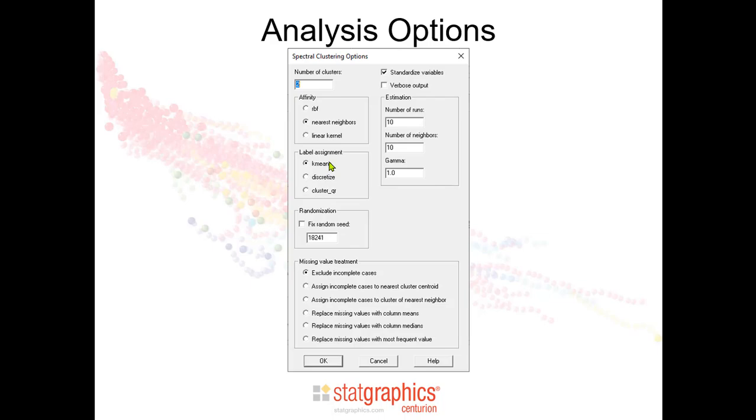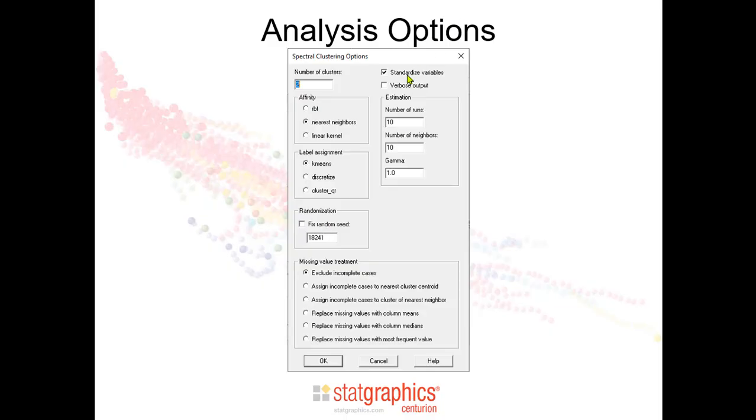K-means is very popular. There's an option for randomization. If you fix the random seed, then if you repeat the entire estimation process again with the same data, you'll get the same result, no matter whether or not there are random assignments being made.